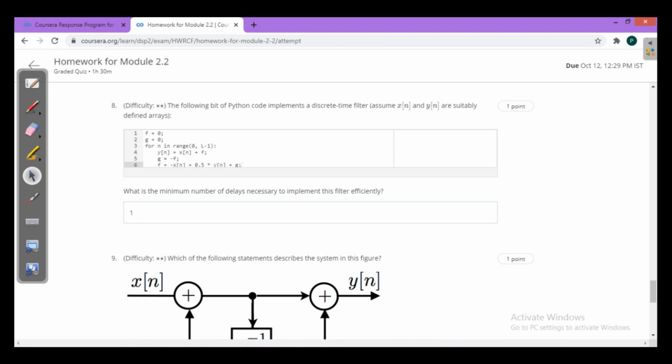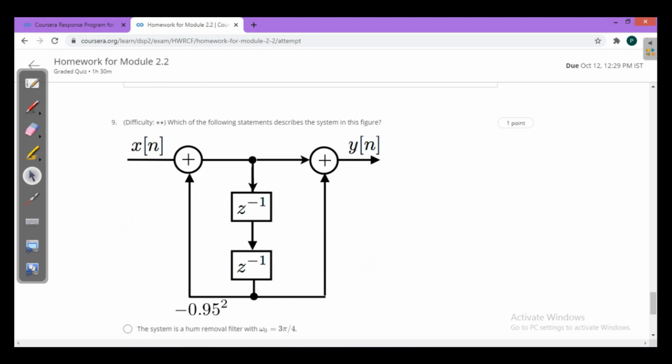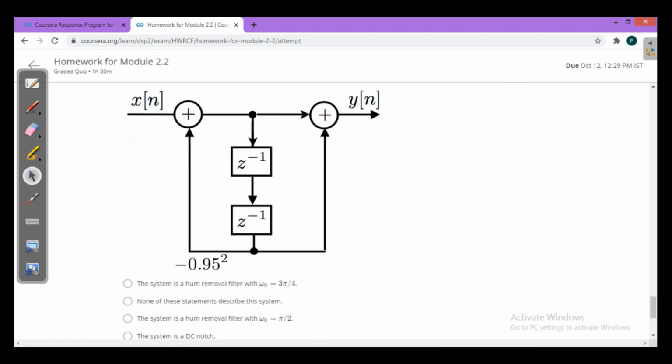Next one: which of the following statements describes the system in this figure? Here we have the system in direct form 2, having 2 delays, simply second order. The system function H of z is 1 plus z power minus 2 divided by 1 plus 0.95 squared z power minus 2.